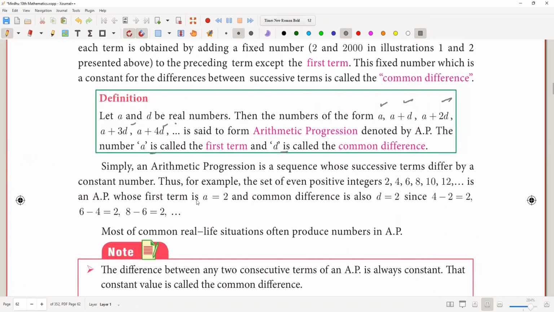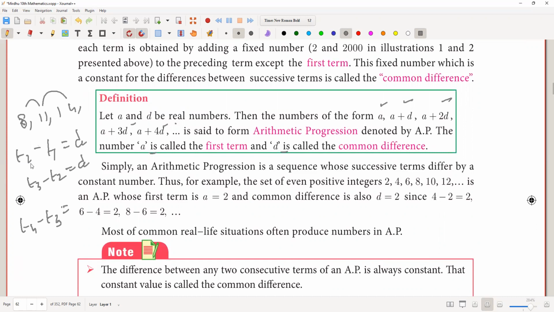Alright. How to find D? Like 8, 11, 14, T2 minus T1 equal to D, or T3 minus T2, or T4 minus T3.